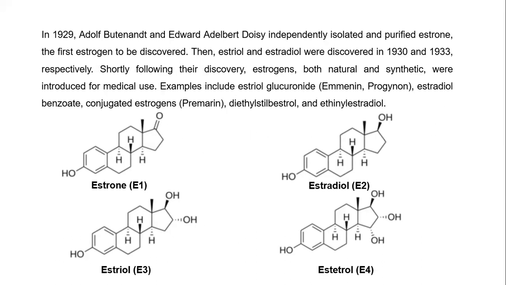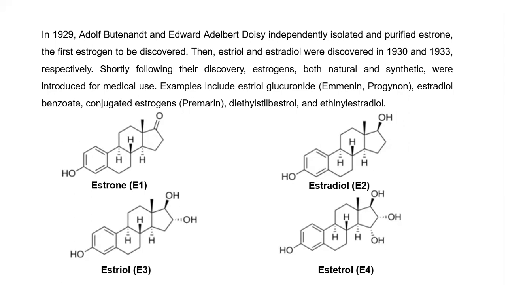In 1929, estrone, the first estrogen discovered, was isolated by Adolf Butenandt and Edward Doisy independently. Shortly following their discovery, other estrogens, both natural and synthetic, were introduced for medical use. So they also have significance in the medical field.